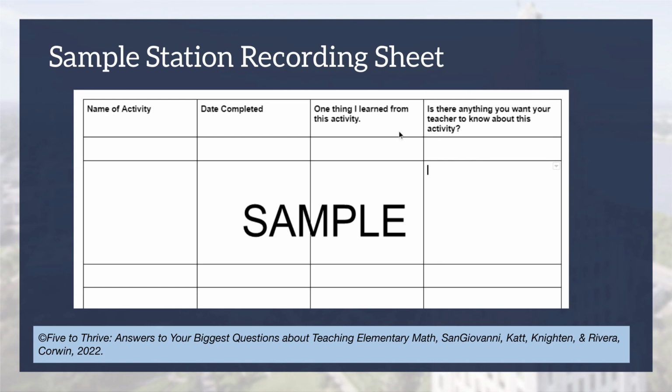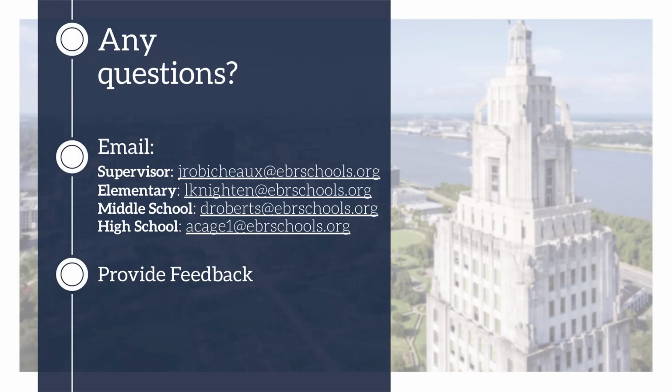So I could give them key questions that will let me know if they understand what they were doing that day. I could include the objective to see what my students comprehend, and then include those key questions to see what my students actually know. So you could take it a step further and make a recording sheet including those things, just to get direct feedback from the students on how they feel the small groups went.